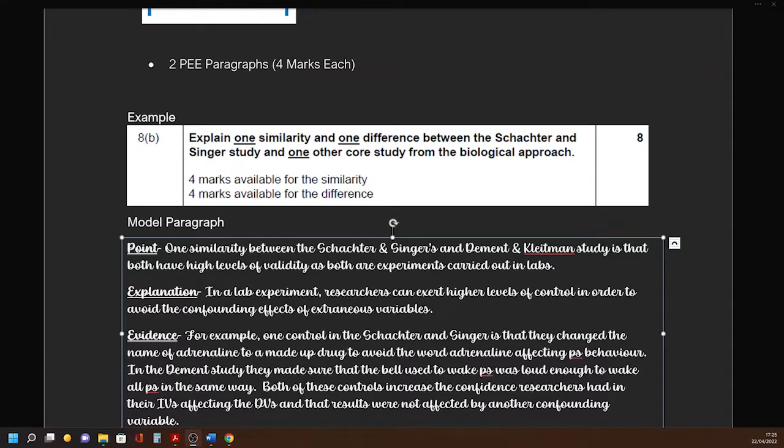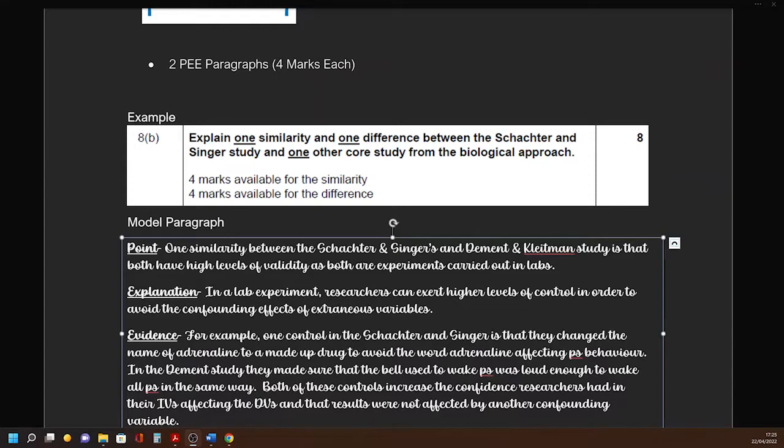Sometimes they will want two similarities and two differences, so highlight that bit when you read the question. One of the most common mistakes people make is not reading the question properly. The other key part of this question is that it has to be from the biological approach.